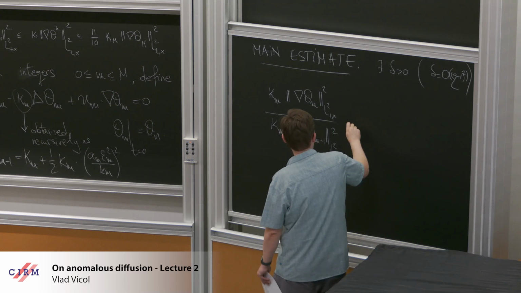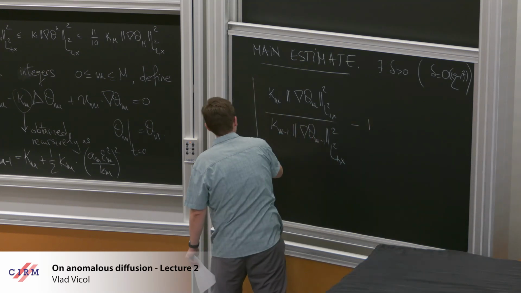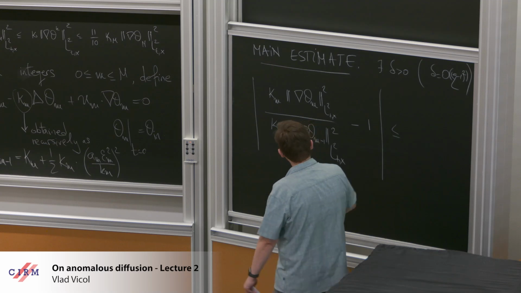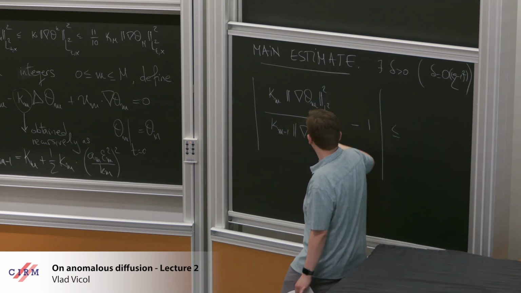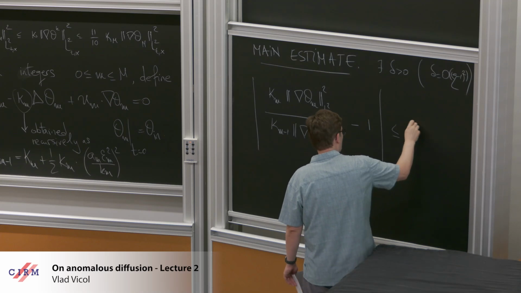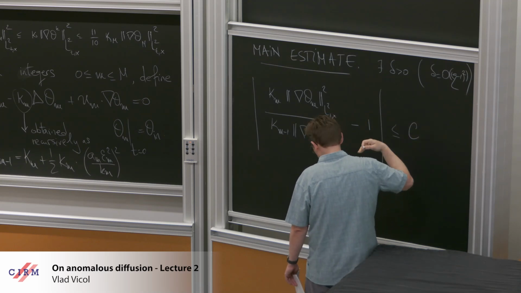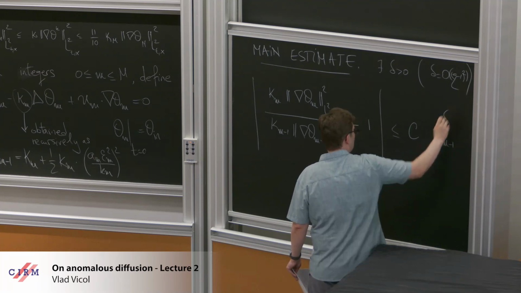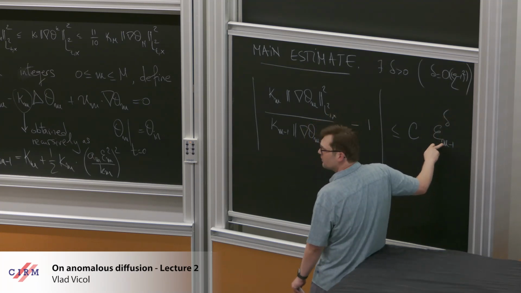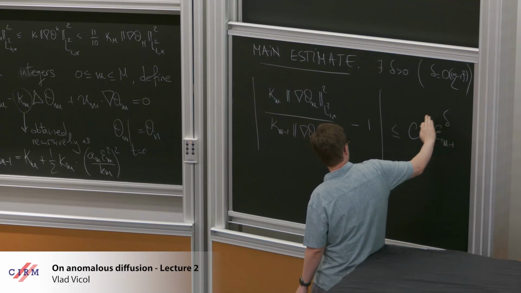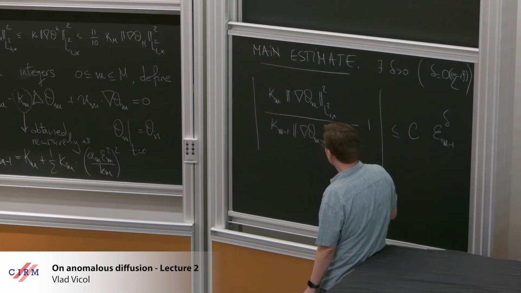So what does that mean? You cut 1, you put absolute values, and you're saying this is small. How small? These have the same units, so this also doesn't have units. You should not put something like this. So here you put a constant, which is universal, and here you put epsilon m minus 1 to the delta, and this c has the units of epsilon to the delta, okay? But so this is small, and delta is positive, okay?